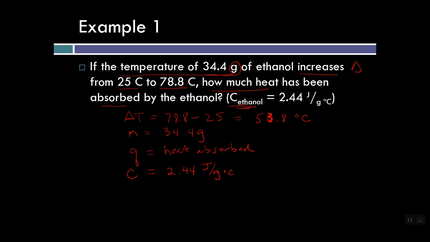So this is the amount of energy, joules is energy, that it takes to change 1 gram of ethanol 1 degree Celsius. So I've got my givens. My unknown is the heat absorbed.